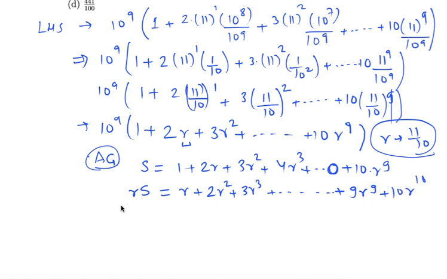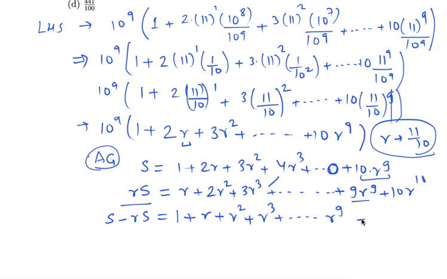The next step is to find the difference. So S minus rS becomes, if you subtract from 2r, this r goes, so this becomes 1 plus r. From 3r squared, 2r squared you subtract, so it becomes r squared. Similarly from this it becomes r cubed. From this term this is subtracted, so we get r to the power 9, and minus 10 into r to the power 10.